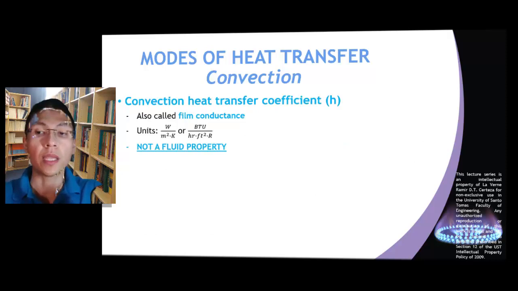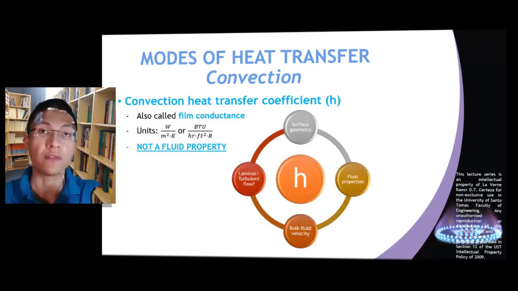Another term pertaining to convection heat transfer coefficient is film conductance. Now it must be stressed that unlike thermal conductivity, film conductance is not solely a fluid property. Its magnitude depends on several factors, such as the shape of the surface from or to which convection occurs, the nature of flow, the velocity of the fluid itself, and lastly, the fluid properties.